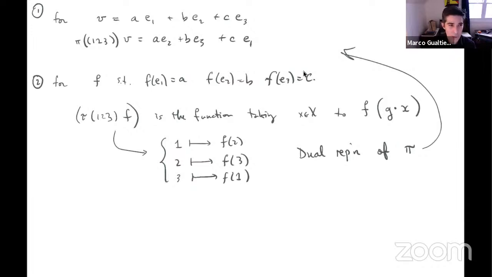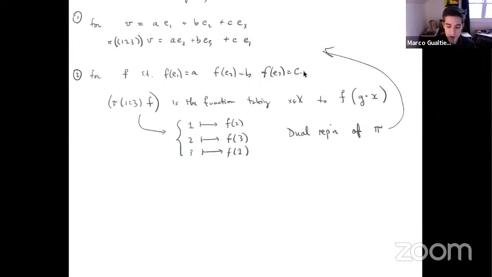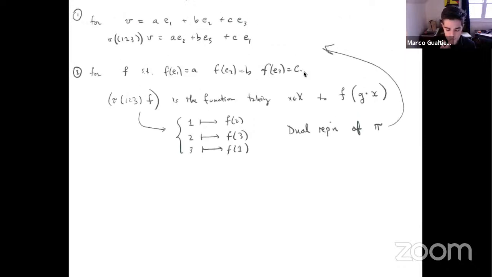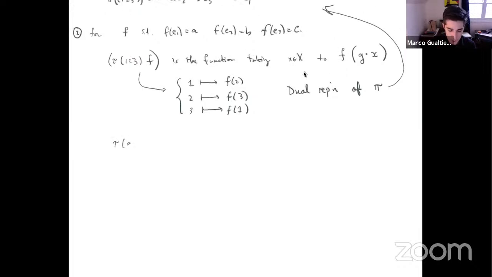We're going to speak about this more in a little bit, so we'll get back to this later. The problem with the dual representation is that, for example, if I look at tau of G1, G2, F, this will be F acting on a point.